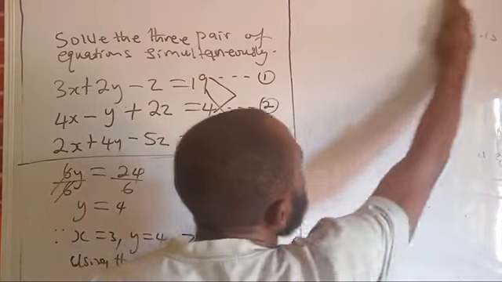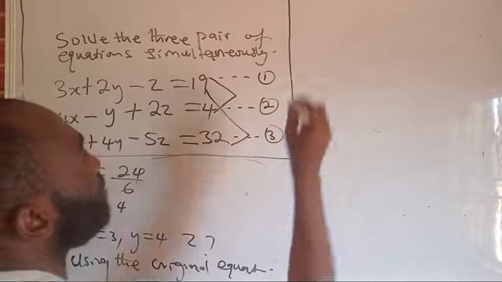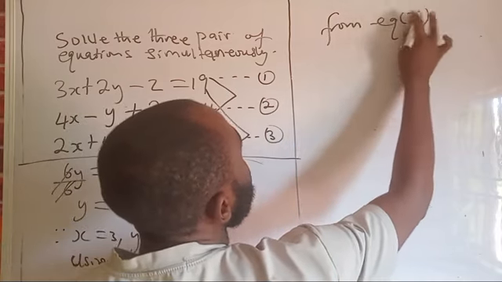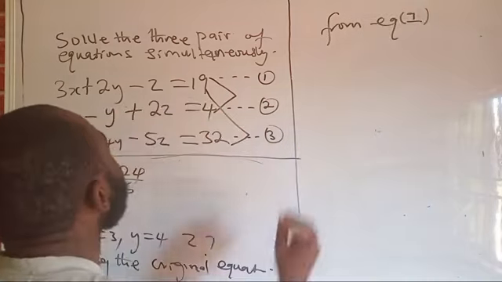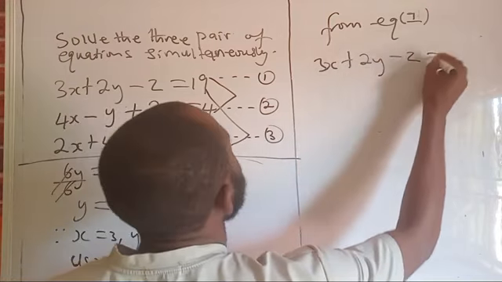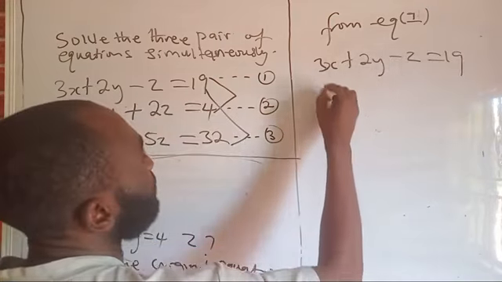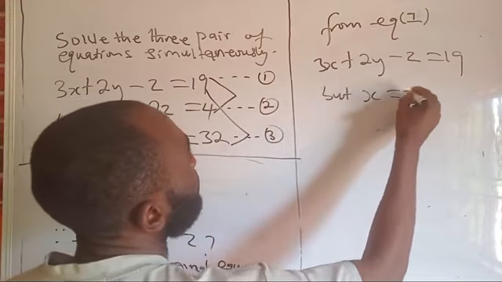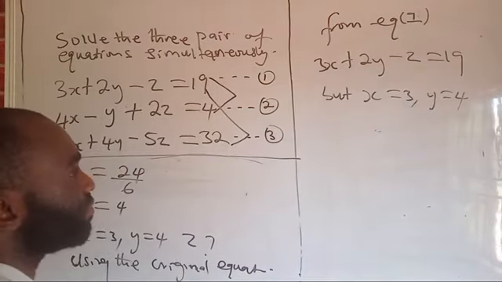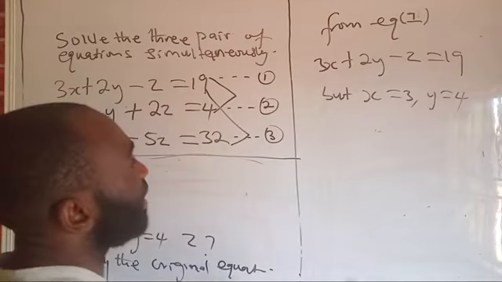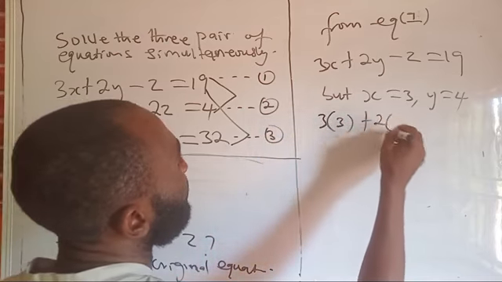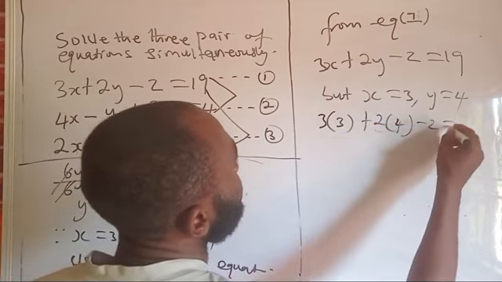From equation 1, we have 3x plus 2y minus z is equal to 19. But x is equal to 3, y is equal to 4. So with that, where you see x, put 3 bracket open 3 plus 2 bracket open 4 minus z is equal to 19.